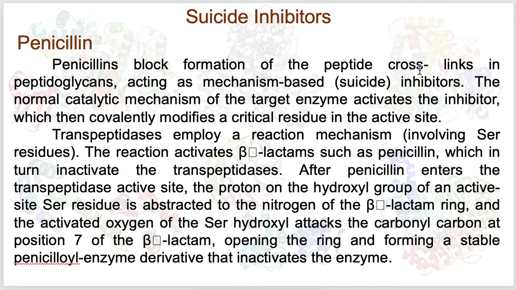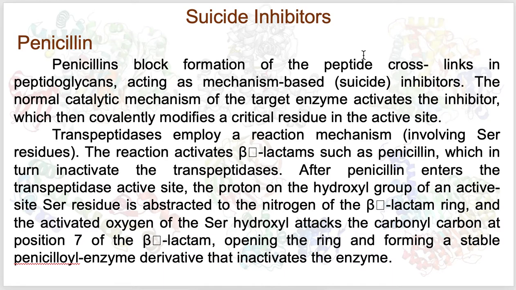When the bacterial cell wall is developed, peptide cross linking in the peptidoglycans needs to be formed, and penicillin inhibits this event. They inhibit the peptide cross linking, and thus inhibit cell wall formation. As a result, the bacteria die.